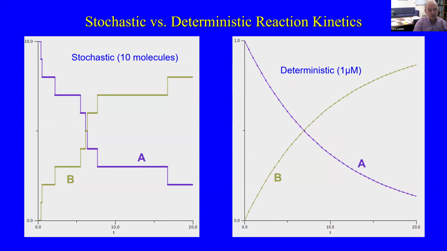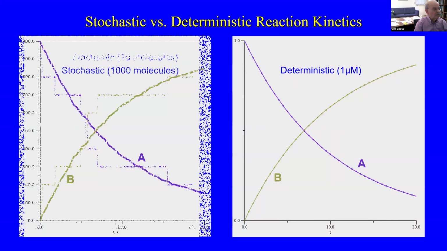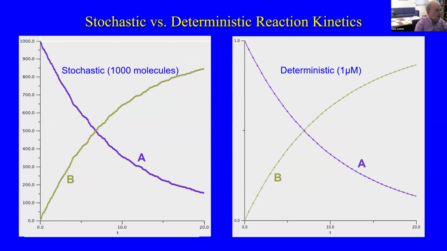An important point, of course, is that if you have many A molecules to begin with, instead of just 10, let's say you have 1,000, then the curves still look a little noisy for a single trajectory, as you can see here, but they start to look a lot more like the deterministic solution.